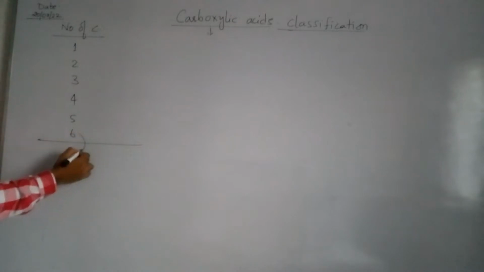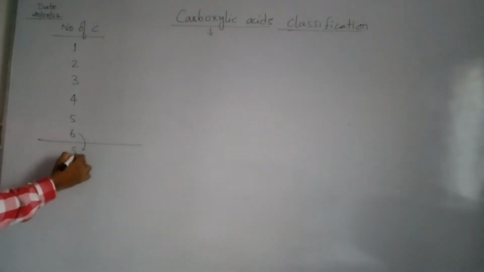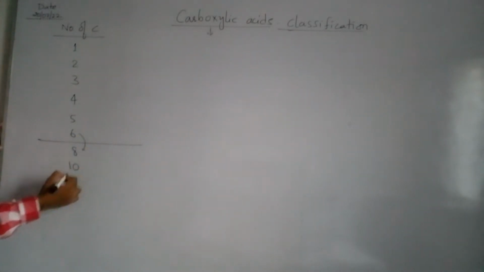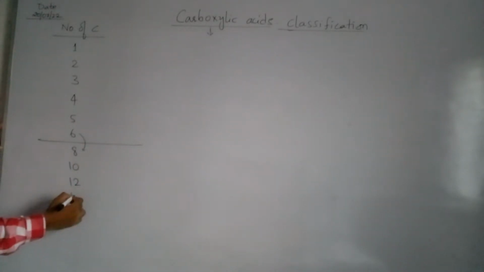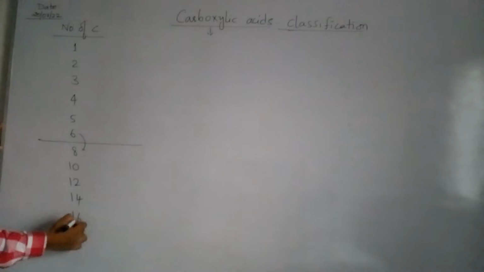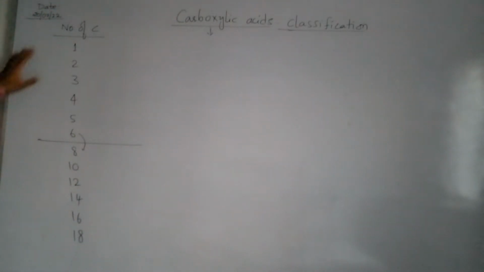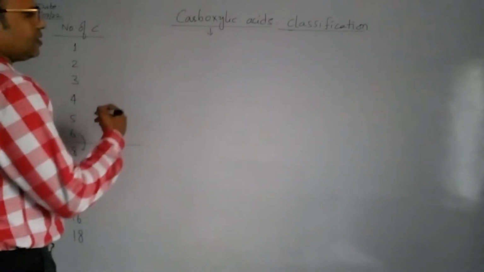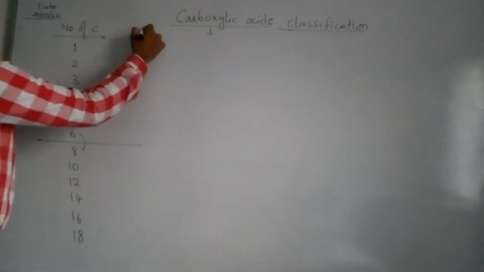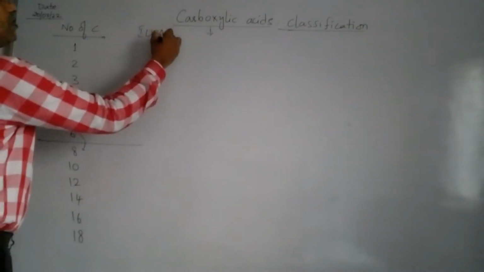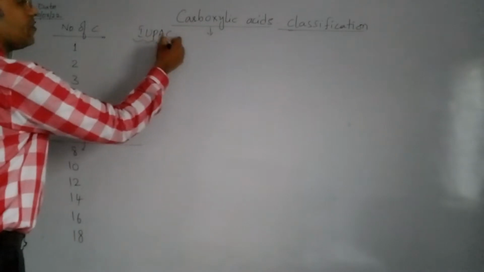Now from here add 2: 6 plus 2 is 8, 8 plus 2 is 10, 10 plus 2 is 12, 12 plus 2 is 14, 14 plus 2 is 16, and then 18. I am giving you the number of carbons here. Next step: what will be the IUPAC name for this?